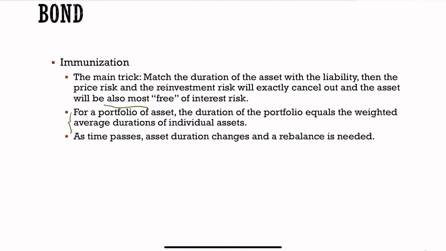And in that case, the pension fund actually has two kinds of assets. The first, I think, is a zero coupon bond, and the second is a perpetuity. And in that example, you can see that the duration of this portfolio equals the weighted average duration of the perpetuity and the zero coupon bond.